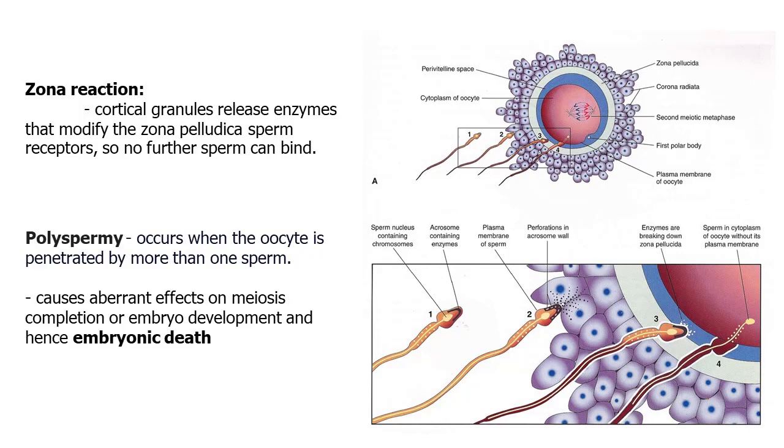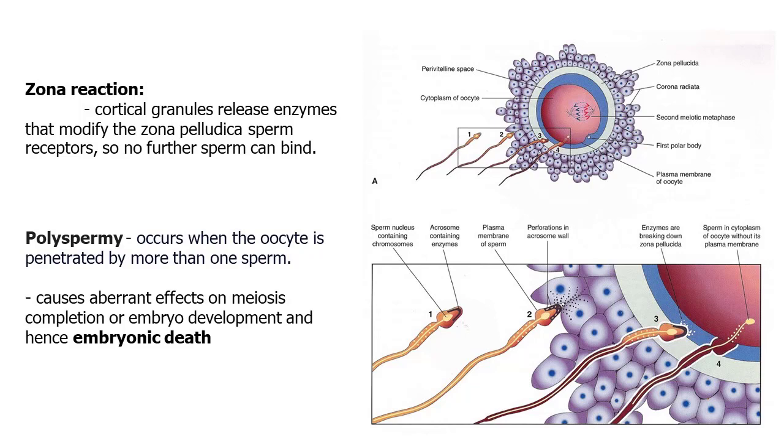Now, the sperm doesn't completely digest all of the proteins and carbohydrates in the zona pellucida. Some of those are receptors that the sperm actually attaches to as well, and that's going to be important for penetrating through. But as soon as the very first sperm penetrates the plasma membrane of the oocyte, the egg itself is going to change.